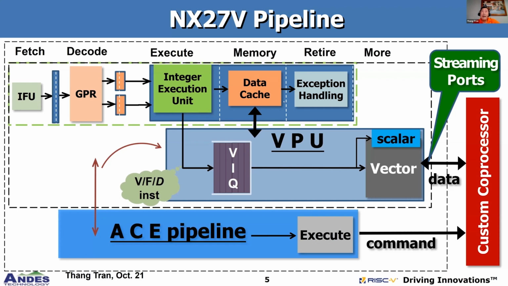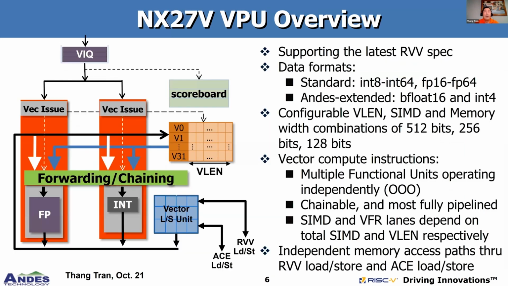Note that the data access is still speculative, which is important to reduce the load-to-use latency. The ACE instructions, including the custom load store, must still go through the CPU and the VPU pipeline for data dependency checking.